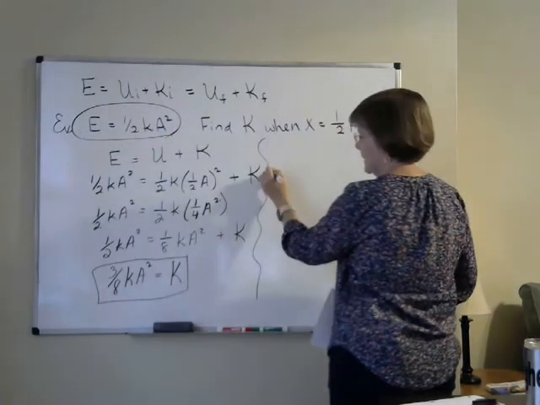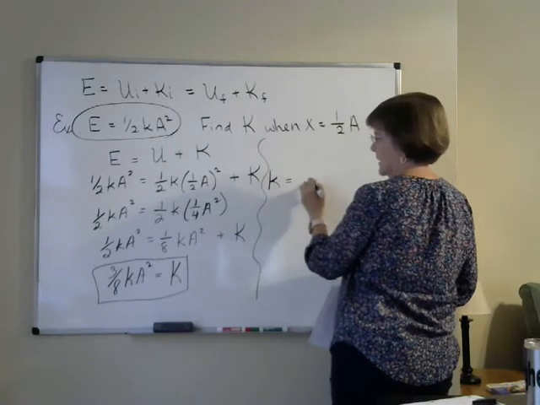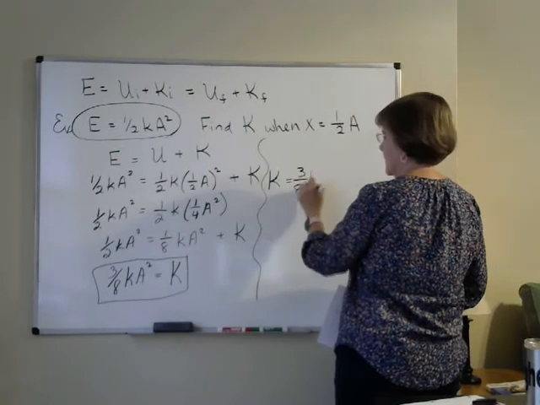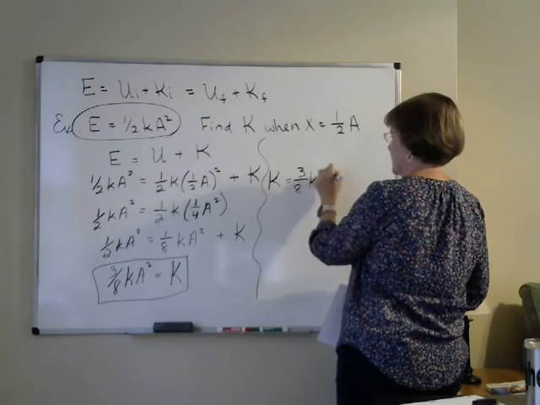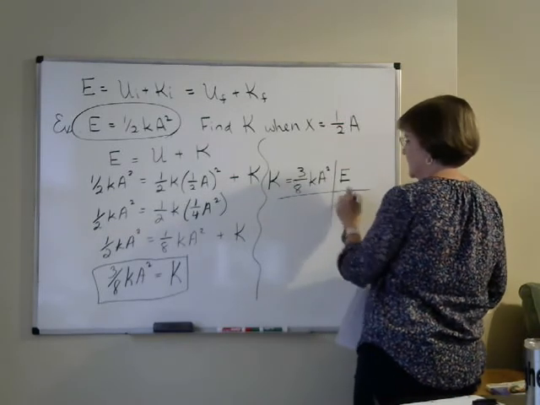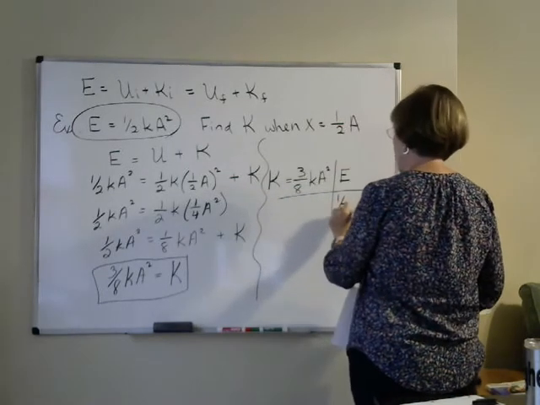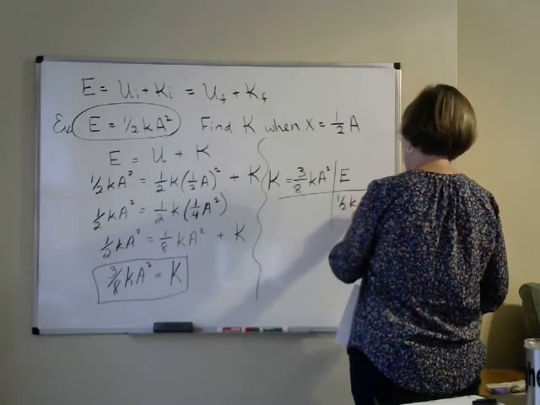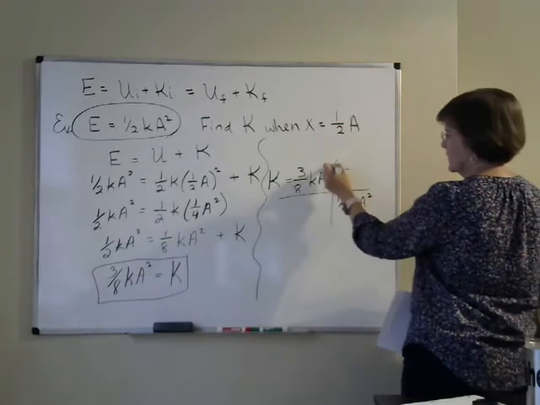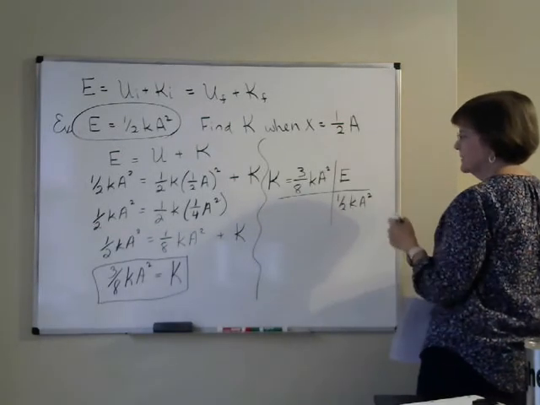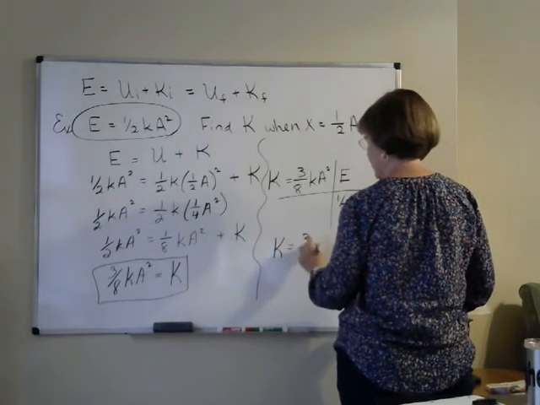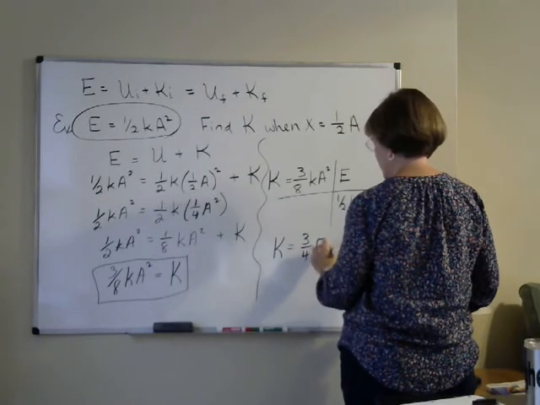I know that the kinetic energy, that's supposed to be a capital K, is 3/8 kA squared. And I know that E is equal to 1/2 kA squared. You'll notice the kA squareds are going to cancel. 3/8 divided by 1/2 is 3/4. We get that K is equal to 3/4 E.